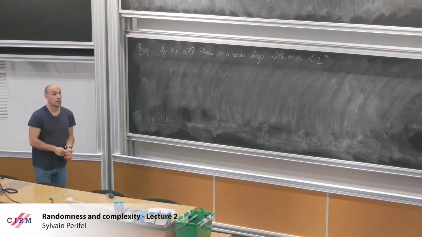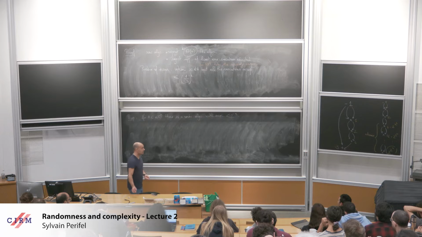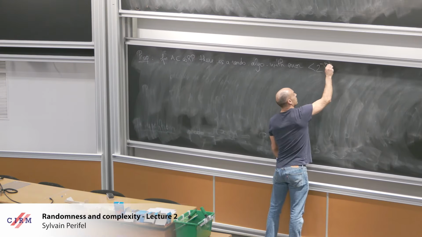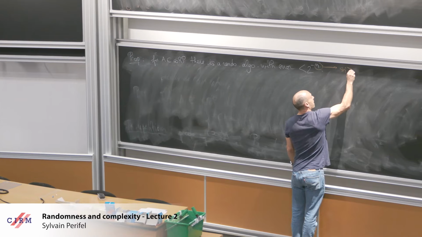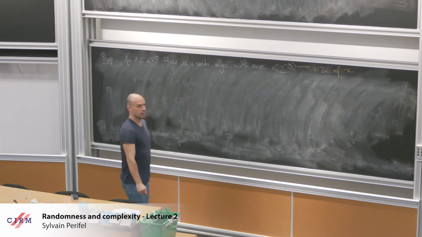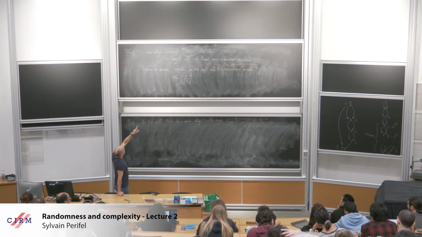Sorry, here, n is not related to the size of the input? It is the size of the input here. Size of x. So here we repeat n times, where n is the size of the input.